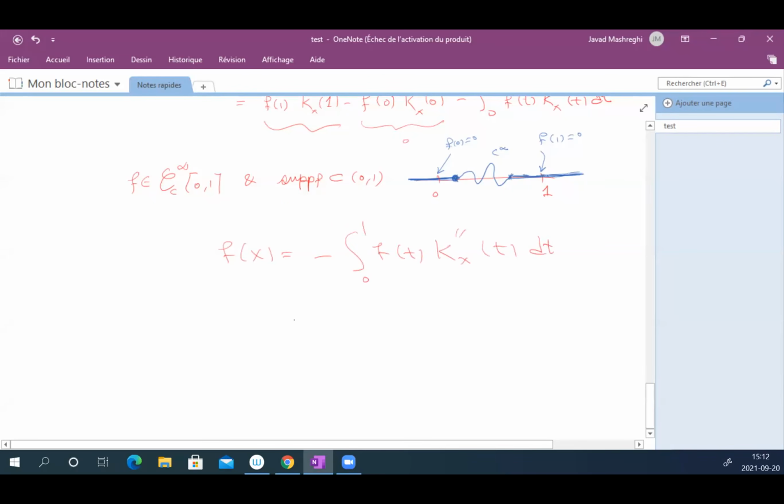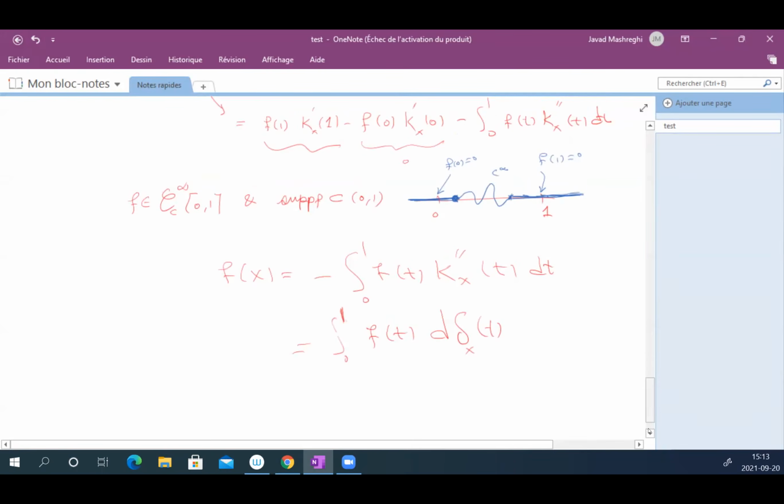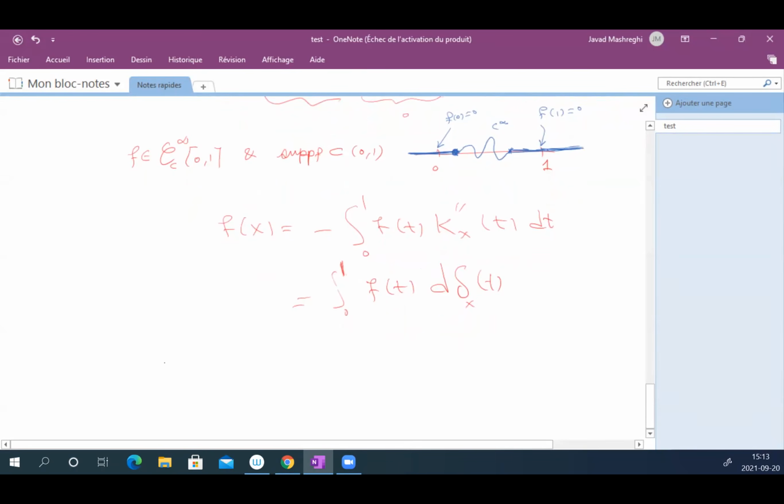And this, considering the Dirac measure that we saw before, gives us the same differential equation, kx double prime of t equal to minus delta x of t.